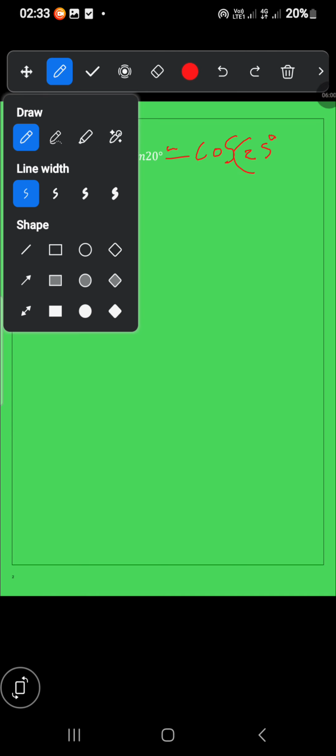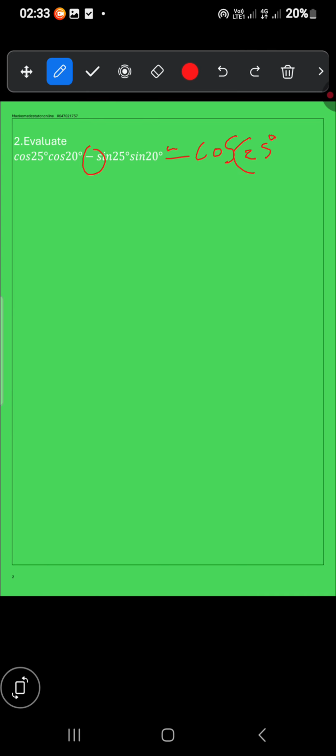So it's cos of 25 plus 20, which is cos 45 degrees.